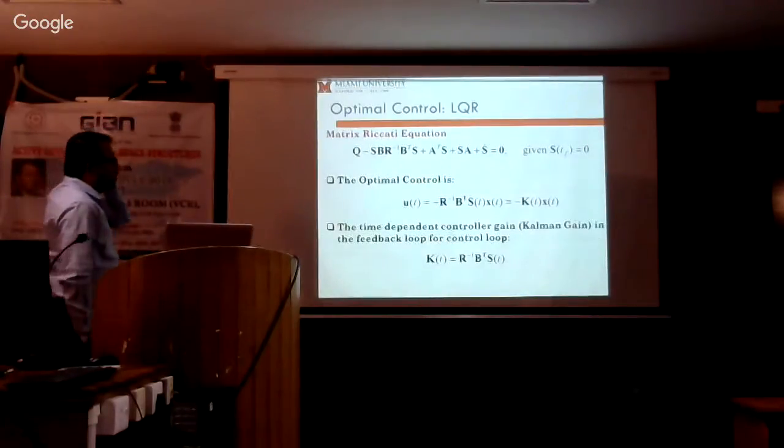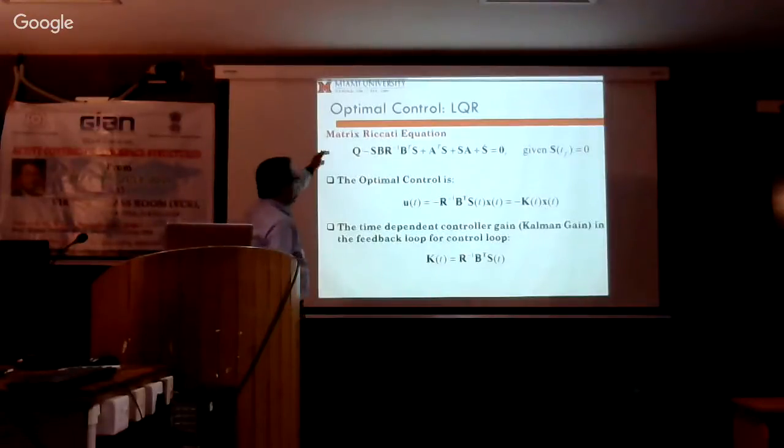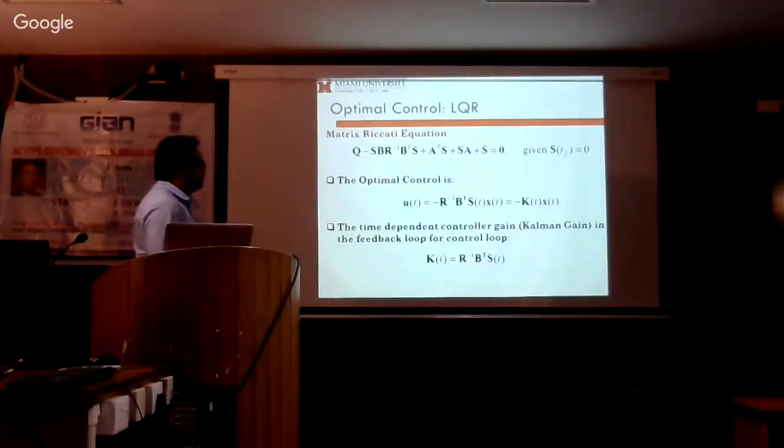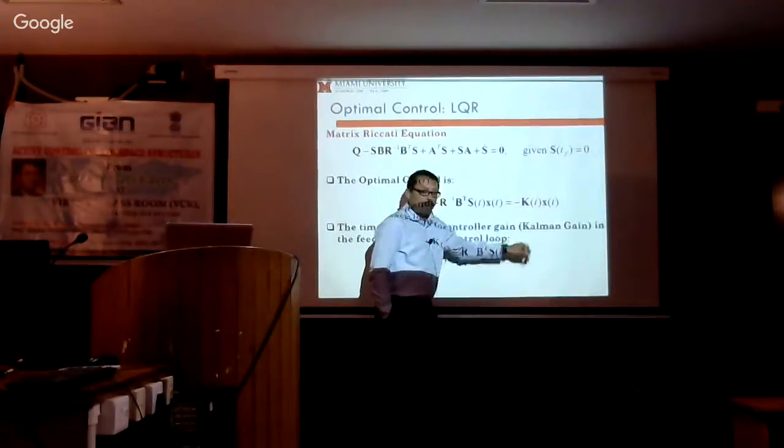So if you solve this control design problem with the selection of Q and R, it boils down to a matrix Riccati equation, where the idea is to find the matrix S, which is a time-dependent matrix, and this S will give you the controller gain.